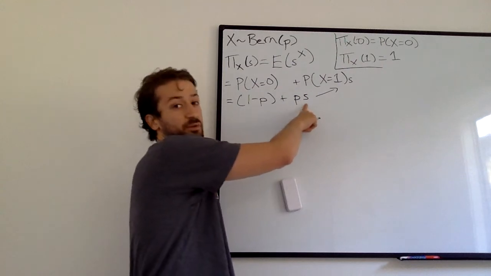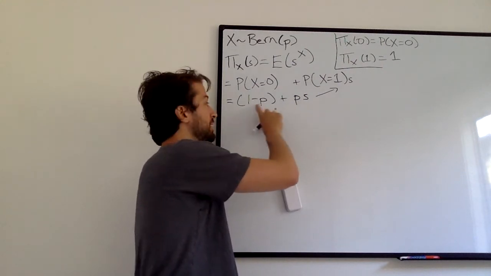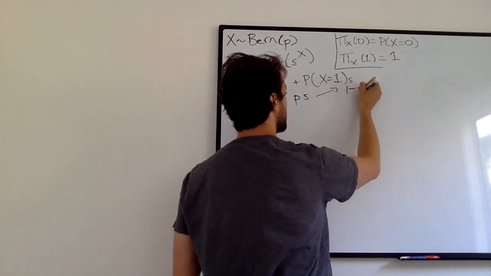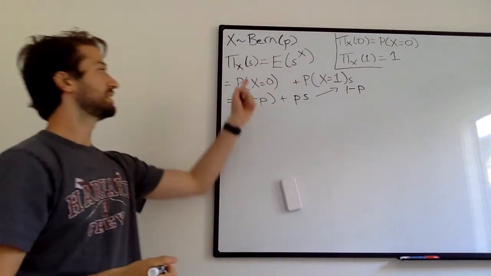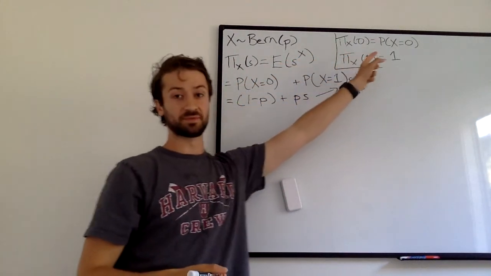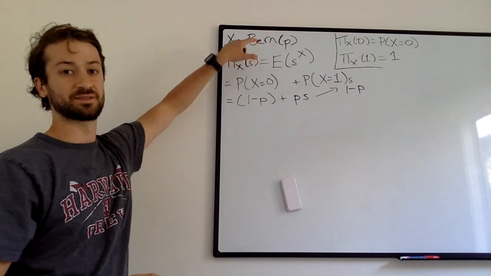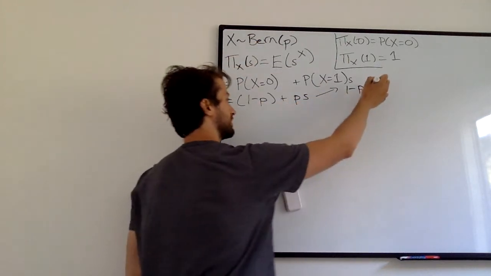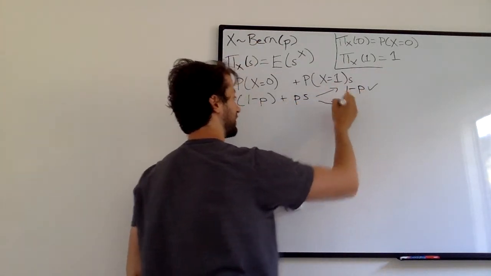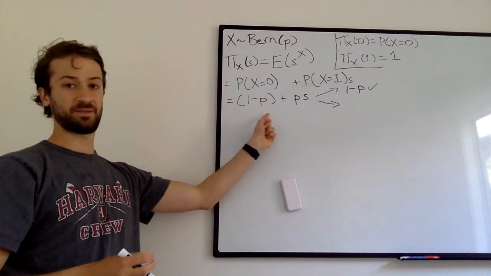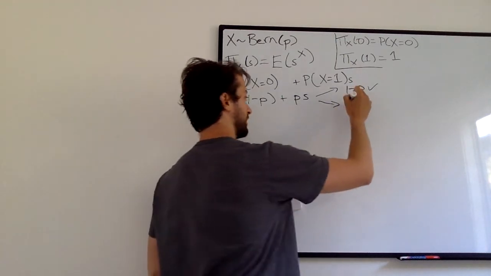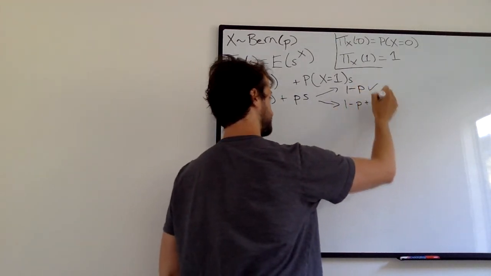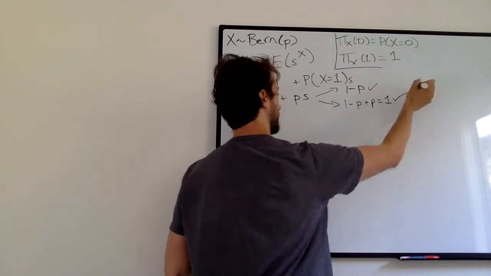We get 0 times p is 0, so we just get 1 minus p, which indeed equals the probability that x equals 0. The probability that x equals 0 is just 1 minus p, so this checks out. Hooray. And then if we plug in 1, we get 1 minus p plus p times 1. 1 minus p plus p equals 1. Boom. Awesome.